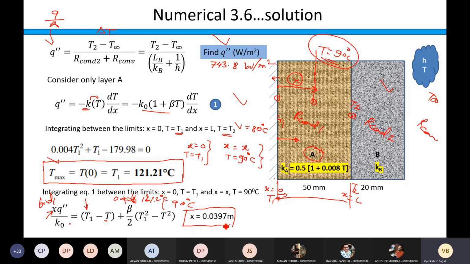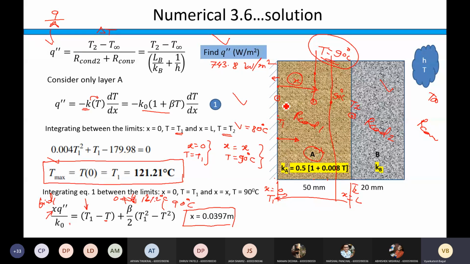So you should get this answer. x is 0.0397 meter. So 39.7 mm. So this is 50 mm. It's 25. So somewhere here you will get. So this will be the location where the temperature will be 90 degrees.